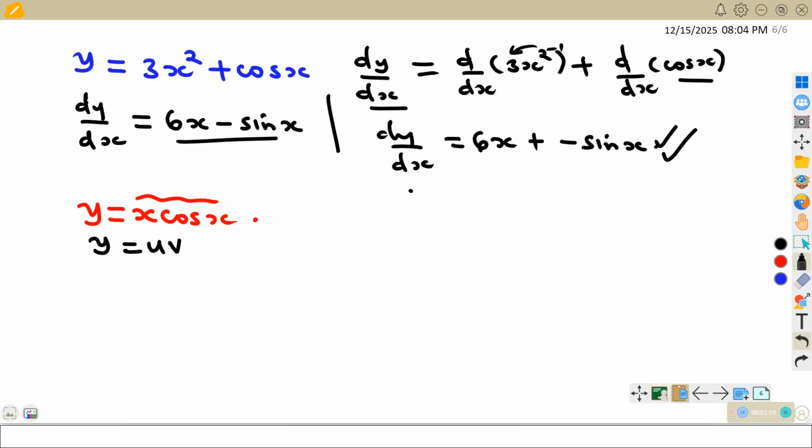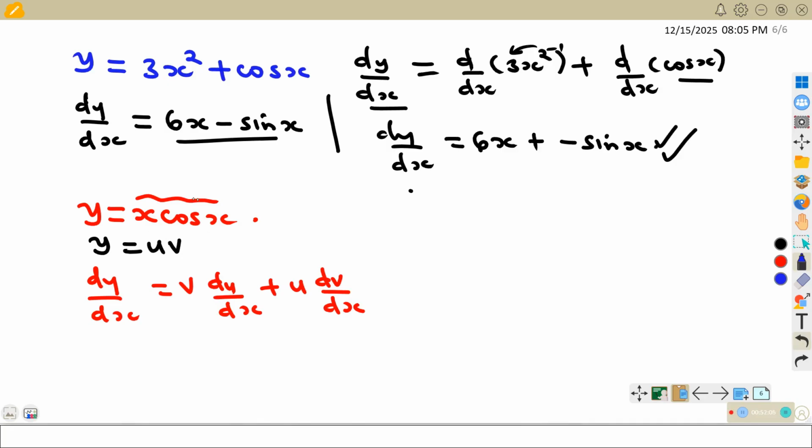Okay, let me write it here. dy dx is equal to v du dx plus u dv dx. Is there anyone with a different answer there? I hope everyone is also getting that. So this is what we call the product rule.